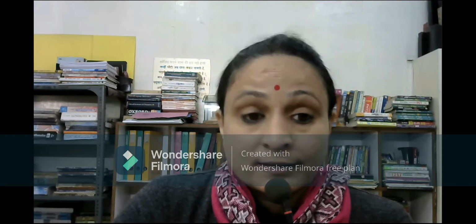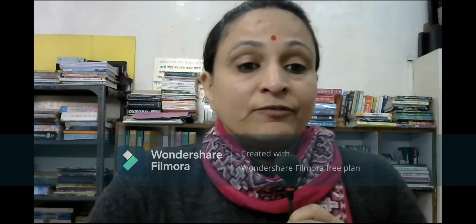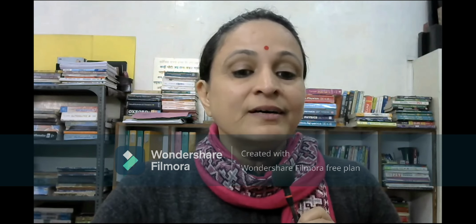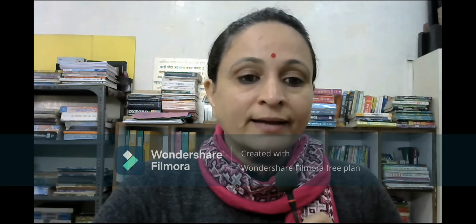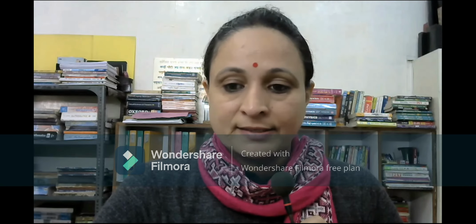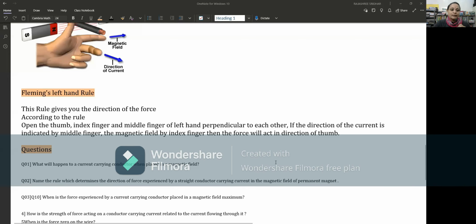So write down Fleming's left-hand rule, which is going to give you the direction of the force on a current carrying wire. Here it is. Note it down. According to the rule, what does it say?